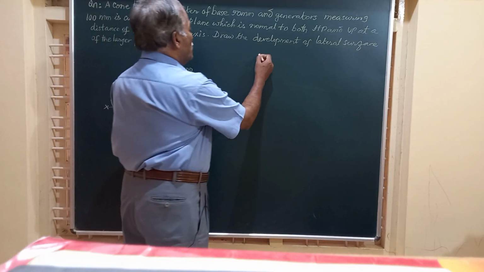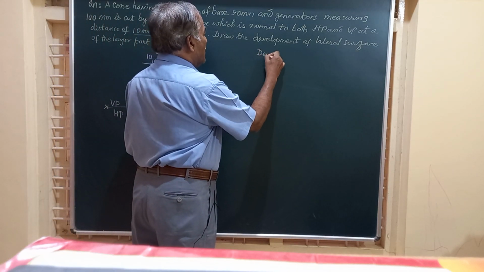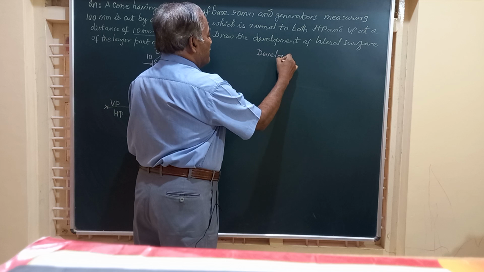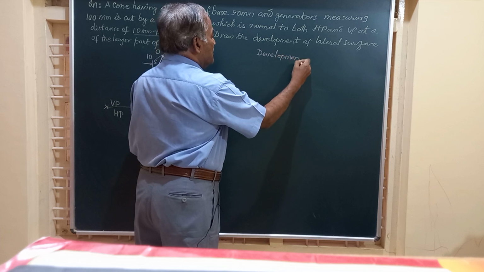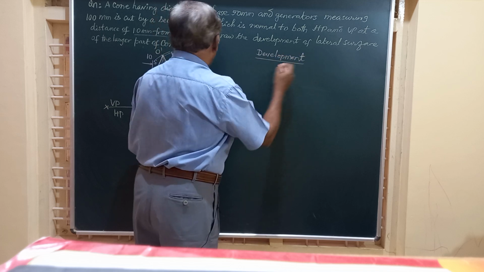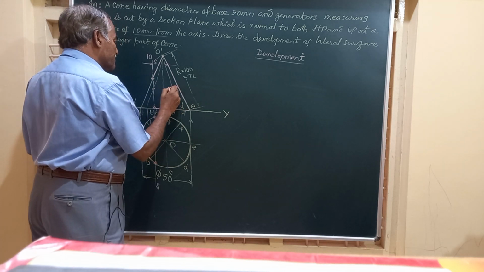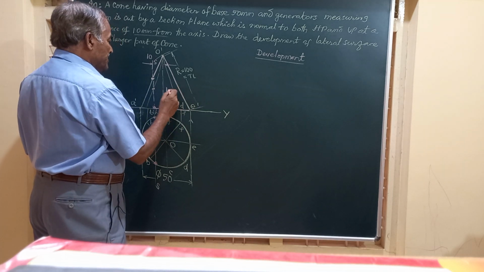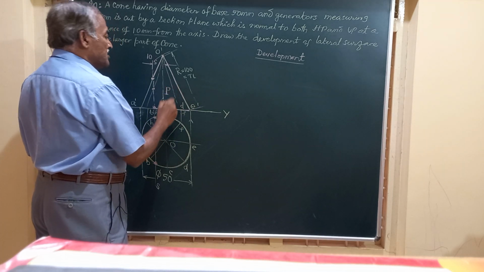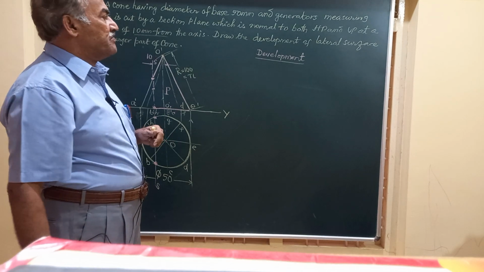So now let us move on to the second part, to draw the development of the larger part. We will call this part as P. P is the larger part for which you are going to draw the development.